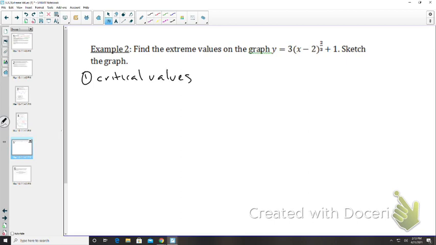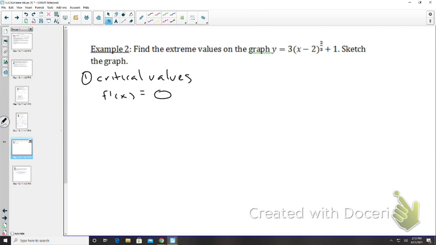So critical values. So where f prime of x is equal to what? Equal to 0, yep. Where f prime of x is equal to 0.